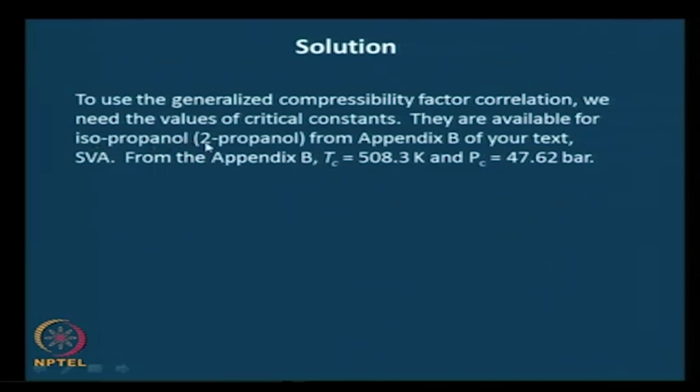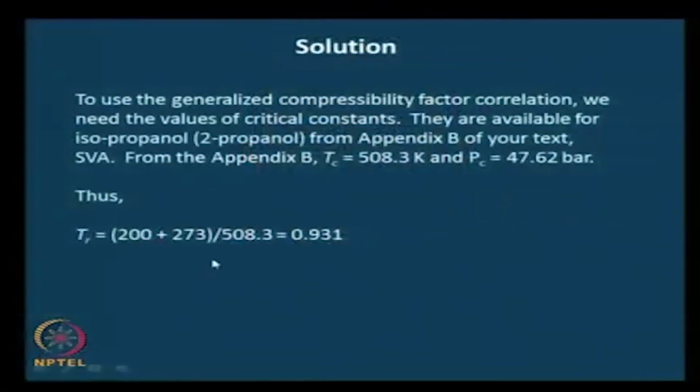I think it is listed under 2-propanol in your appendix of Smith, Van Ness and Abbott, and you may have already done that in the time that was given. You would find that the critical temperature is 508.3 Kelvin and critical pressure is 47.62 bar. You needed these in the earlier examples also.